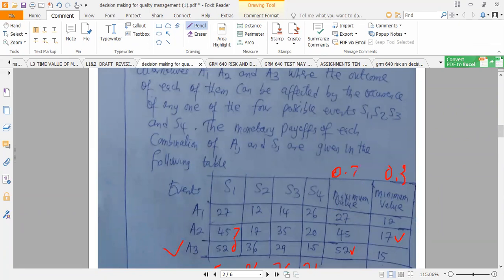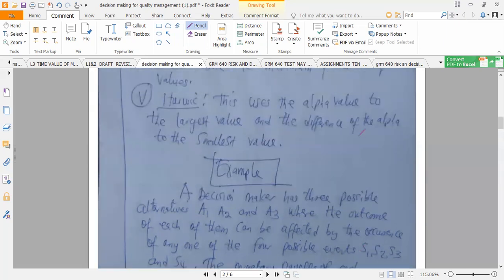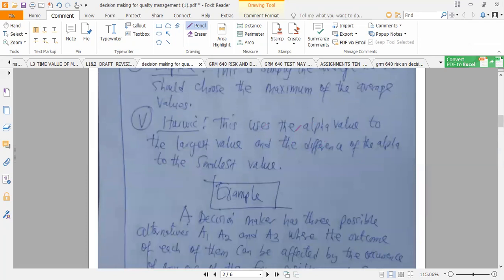So we're going to multiply 0.7 times 27 plus 0.3 times 12 equals. Then we go to 0.7 times 45 plus 0.3 times 17 equals. Then finally 0.7 times 52 plus 0.3 times 15 equals. Then from there, you pick the highest value that you find. That is the method called the Hurwicz. The Hurwicz uses the alpha value on the largest value and the difference, which is the beta, on the smallest value.